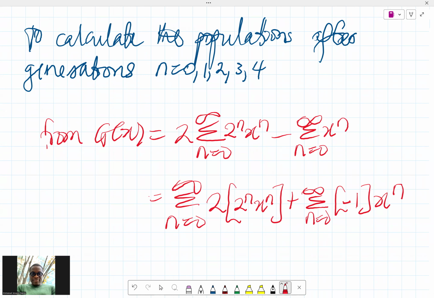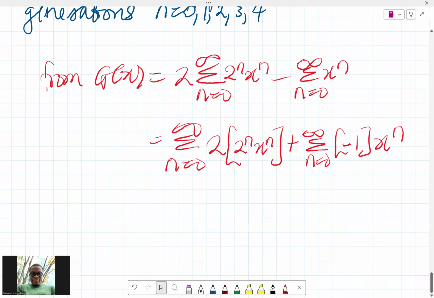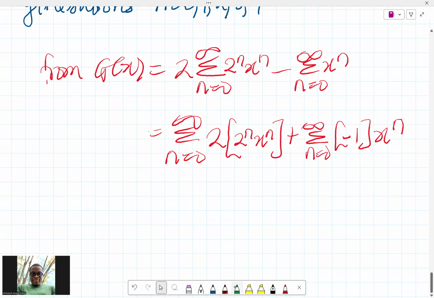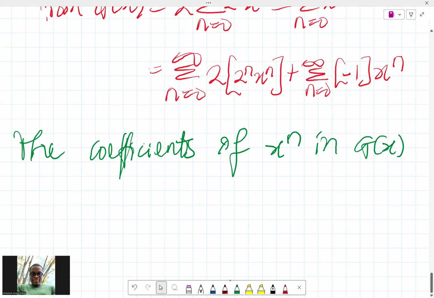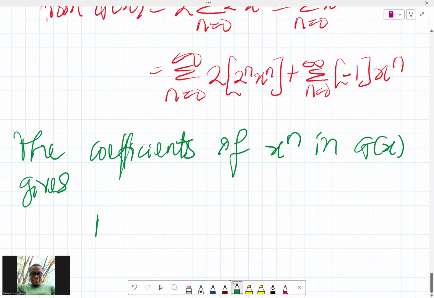Okay, so because we need to extract Pn from this place now, the coefficients of x raised power n in g of x give the Pn we have now.